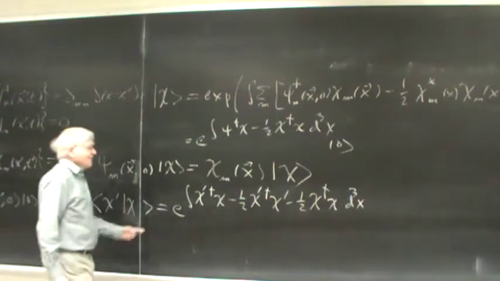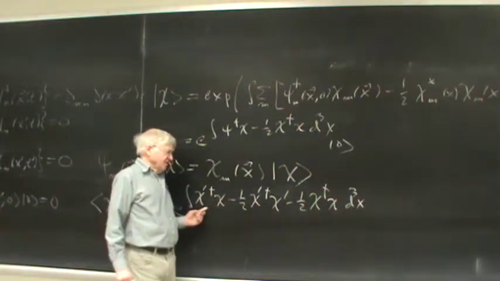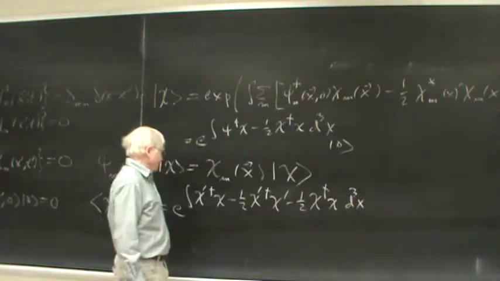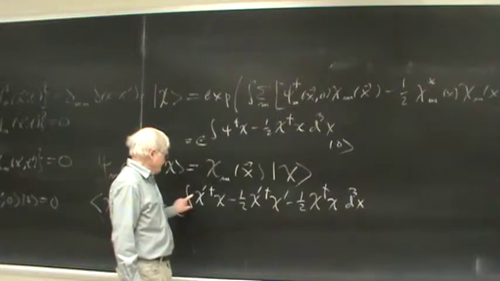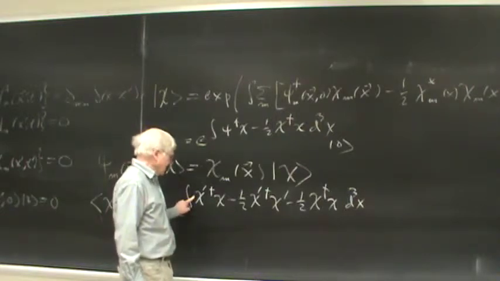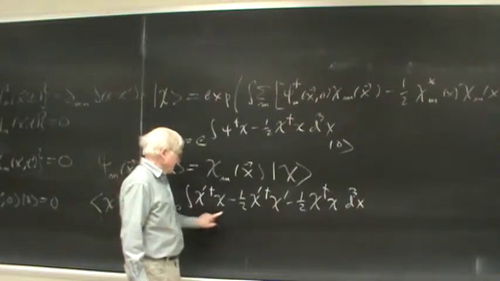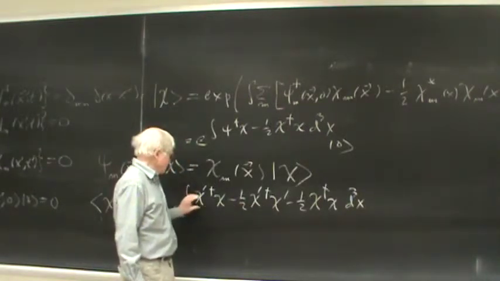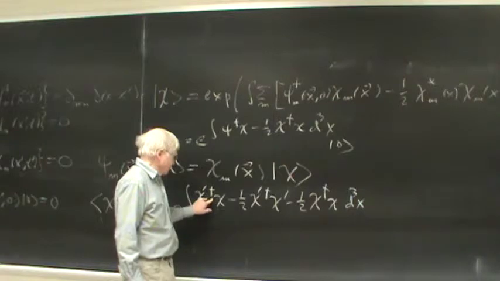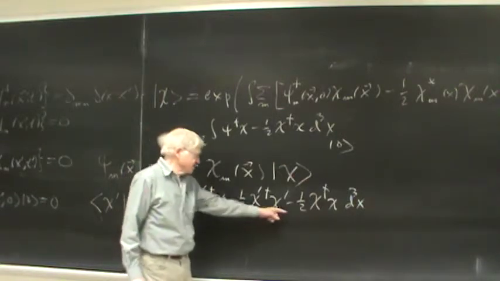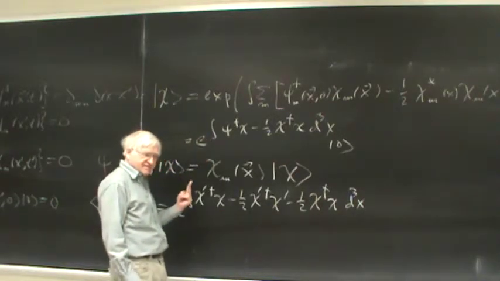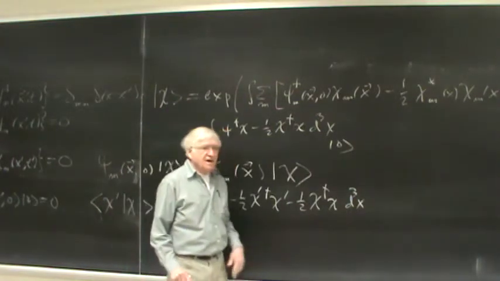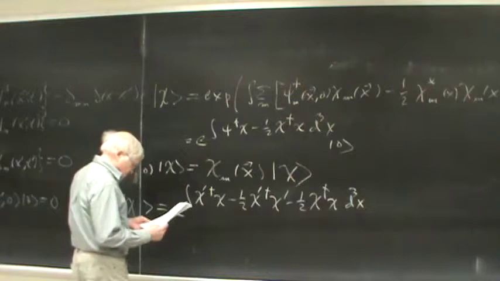Now, there are many ways you can reshuffle these three terms in the exponent. You could, for example, take this plus sign and combine it with this, in other words, effectively there are two of these because these are 1/2. Multiply by half, you have two of them. You combine one of them with that one and one of them with that one, and you can rewrite it in various ways.